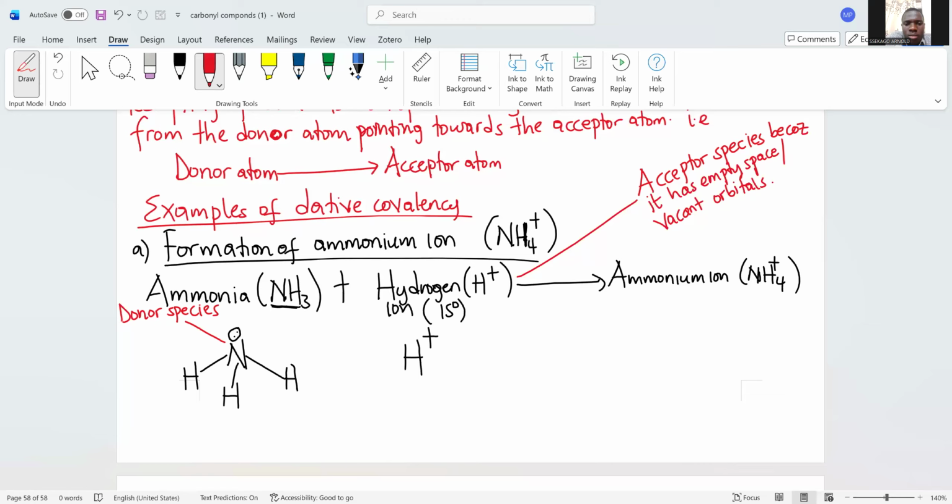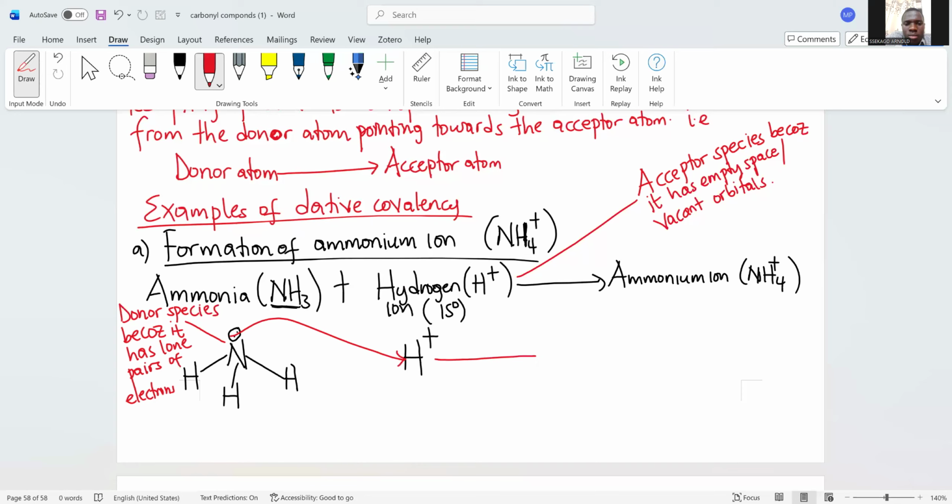Since they are there, nitrogen becomes the donor species because it has lone pairs of electrons. Since nitrogen is electron rich, it is going to donate these electrons to hydrogen, that is electron deficient.